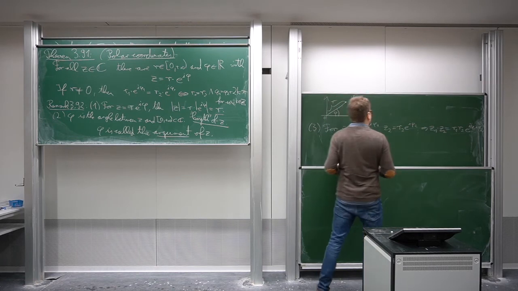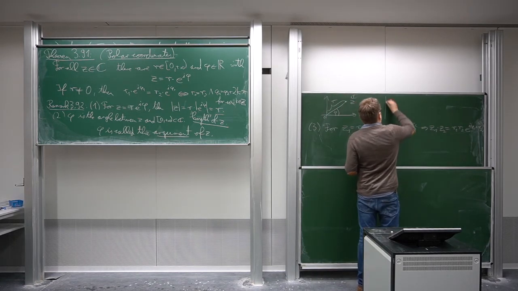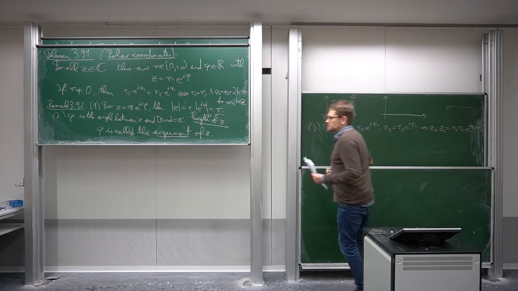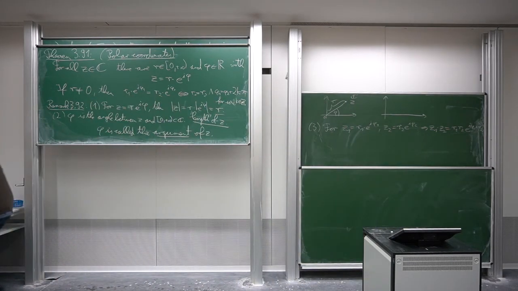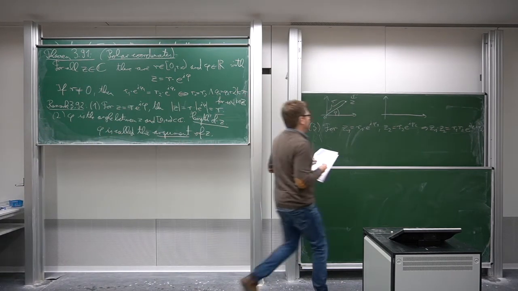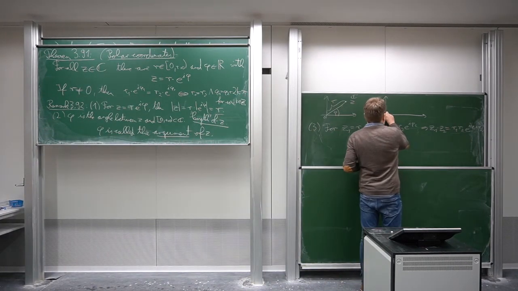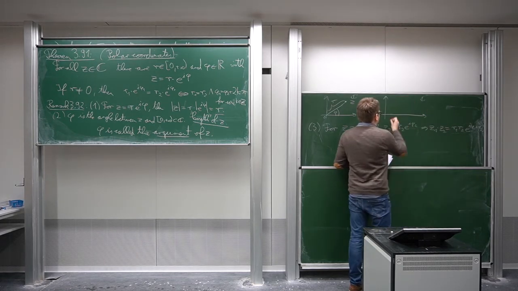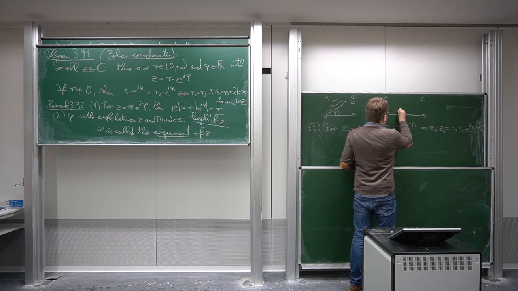So this would mean, maybe let me draw some quick picture here. I need some color chalk. So assume we have two numbers. This is C again. Assume we have some number z1.